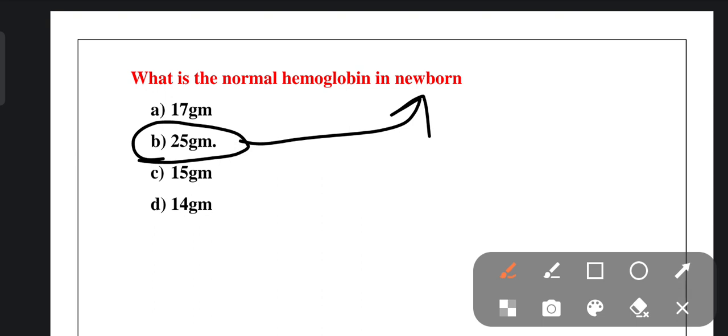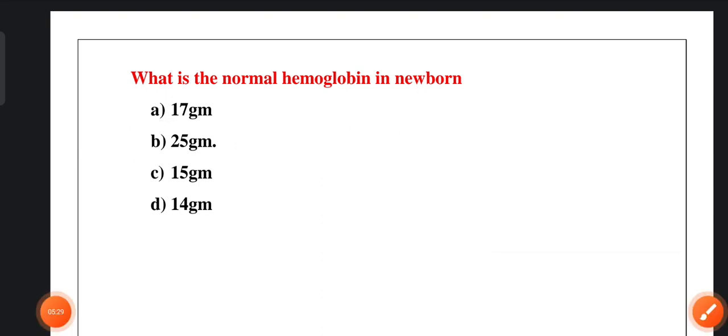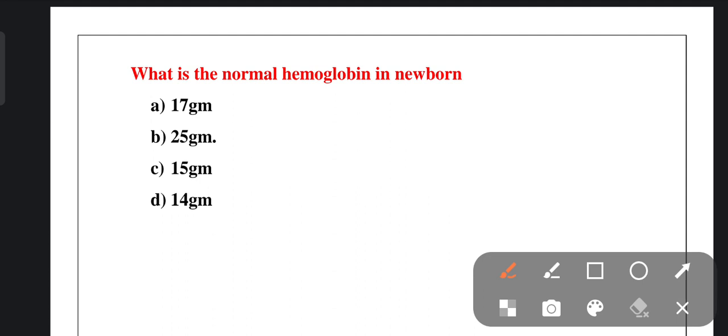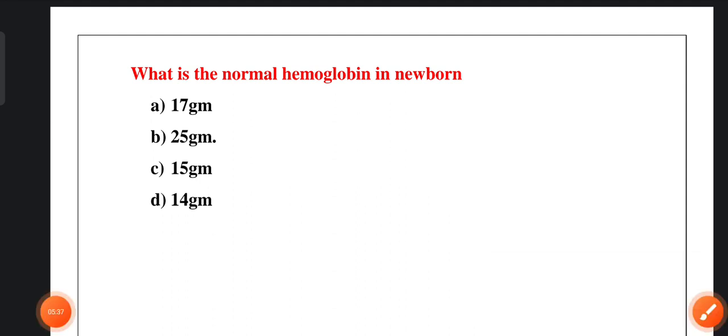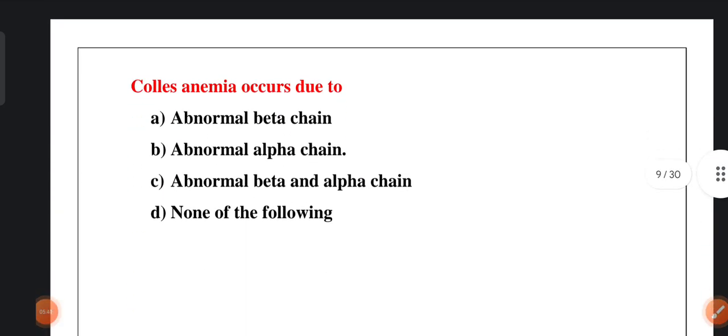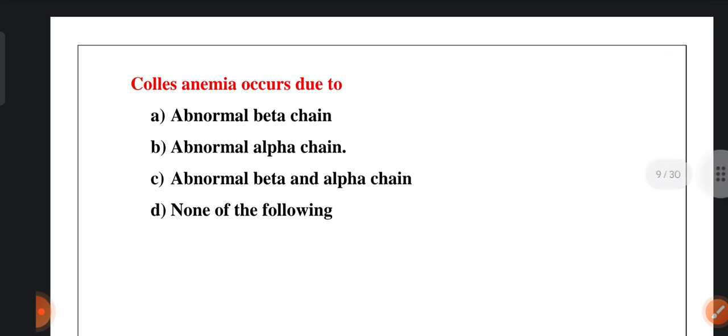Why? Because in the case of a newborn, there will be more production of RBC. For that reason only the newborn will have 25 grams of hemoglobin, which is more than the adult.